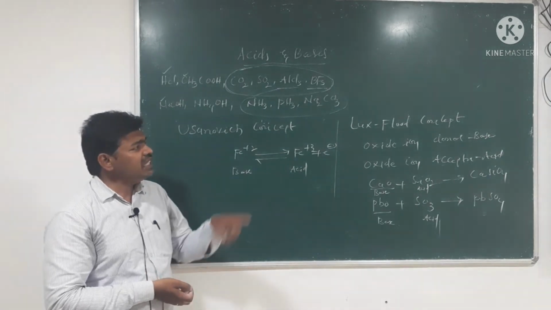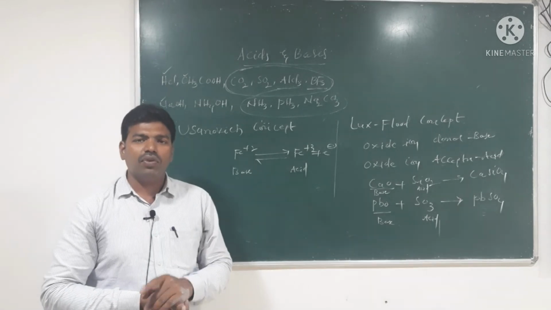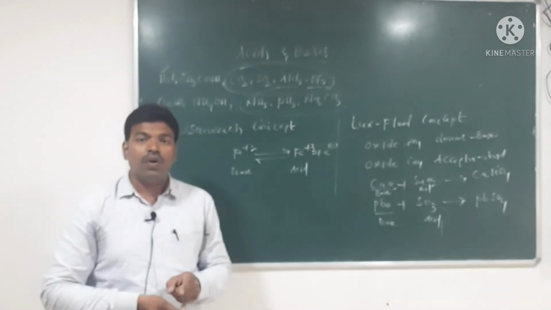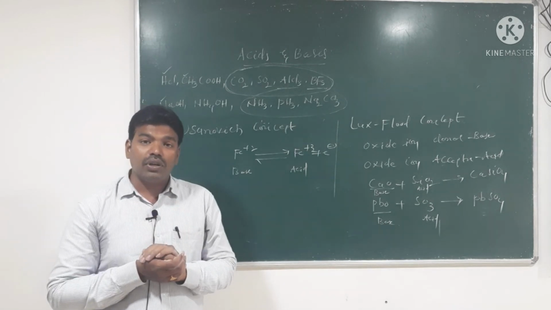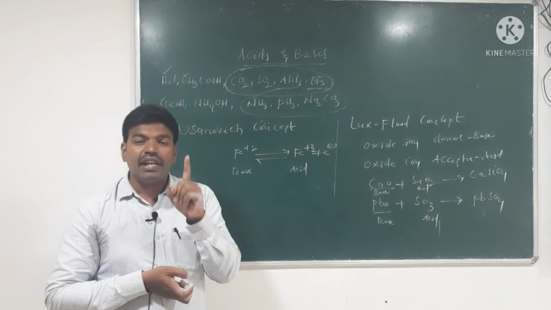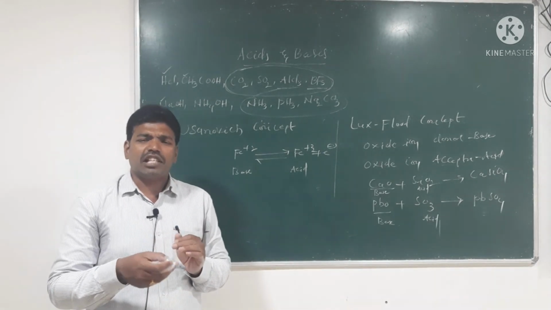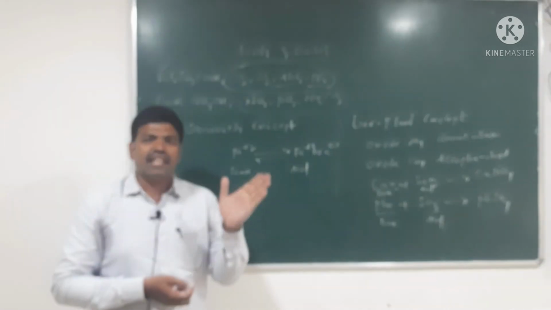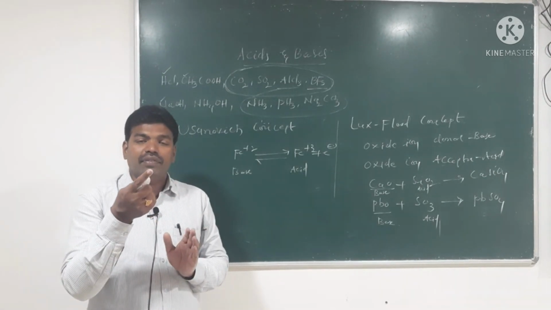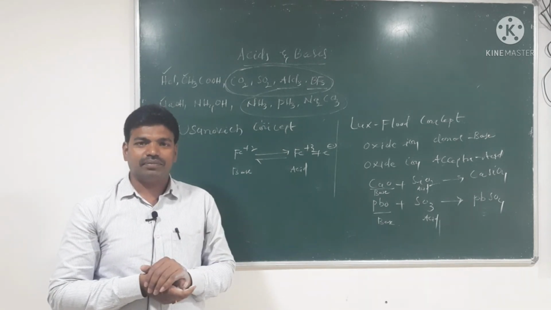Okay, so these are the theories which came forward to explain the acid base concept. From these theories, we can conclude that there is no appropriate theory to explain acids and bases. When we explain some compounds as strong acids with respect to one theory, that acid may be a weak acid with respect to another theory.